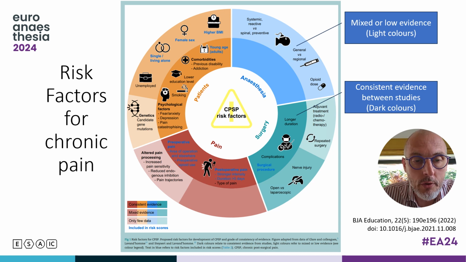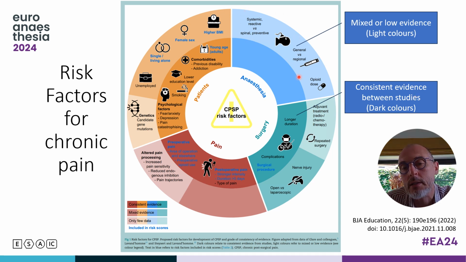Let us first have a look at the risk factors for chronic pain. Some of the known risk factors are patient-related, such as psychological factors of the patient, and some are surgery related, like the longer duration of surgery or the occurrence of complications like nerve lacerations. Those have consistent strong evidence to correlate with chronic pain, and that's consistent evidence between studies.